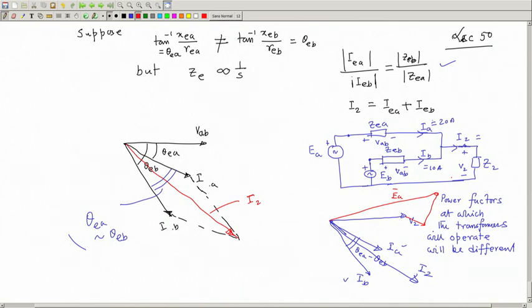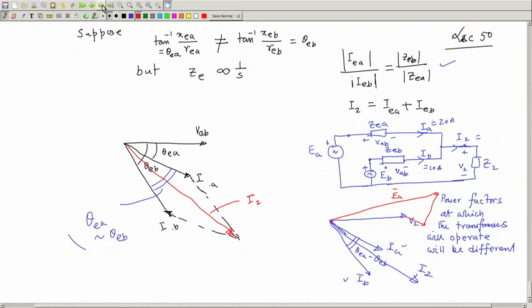Got the point? Therefore, we find that since the vector sum of IA and IB will be less than the sum of these two currents when they are cophasal, the KVA handled will be slightly less.